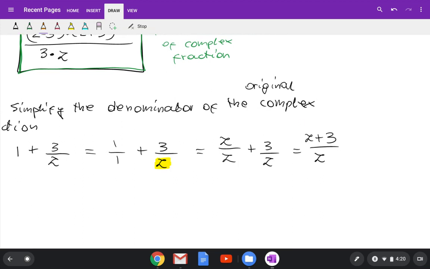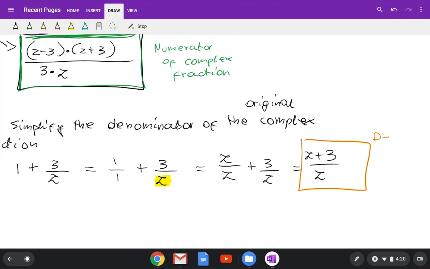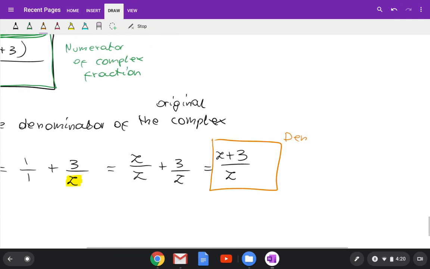It was in orange. So this is the denominator of the complex fraction.